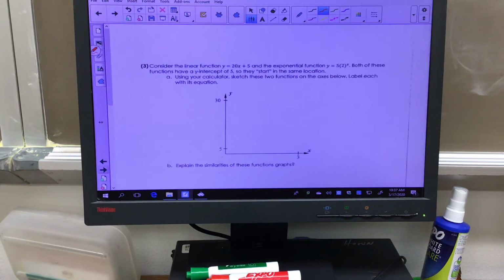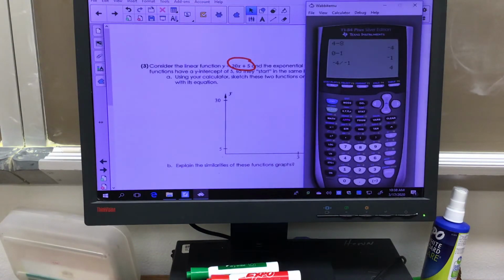All right, so we're going to plug both of these into y equals. I really don't care about the table because it says to sketch a graph, which doesn't even mean plot the points.